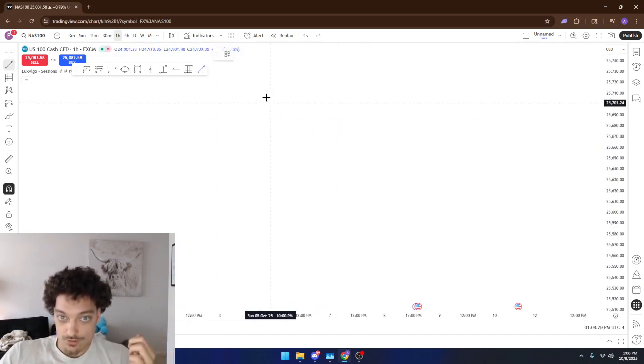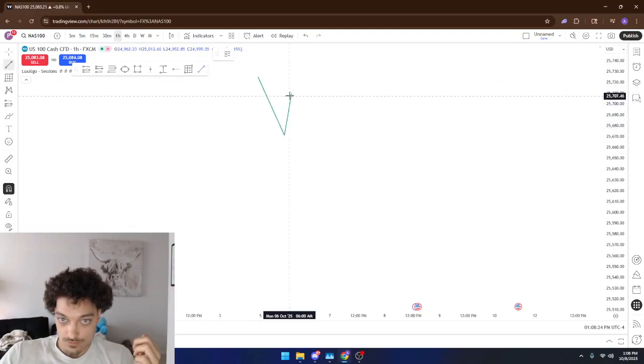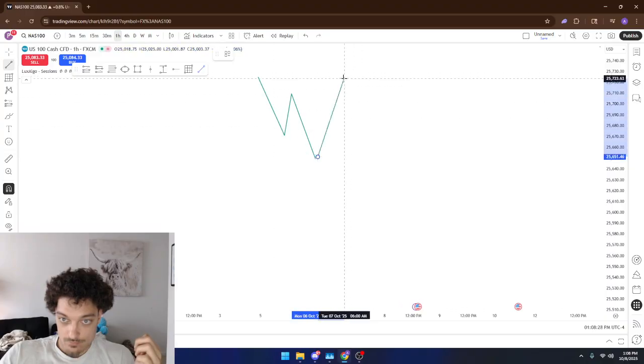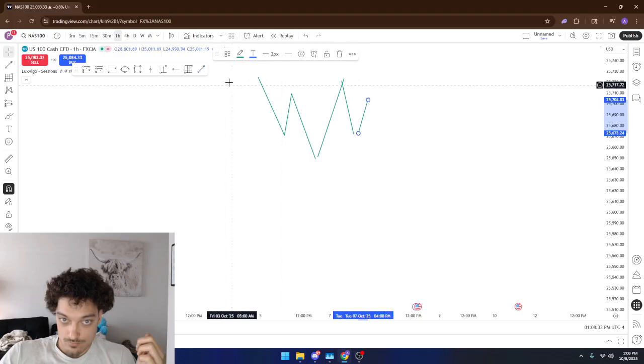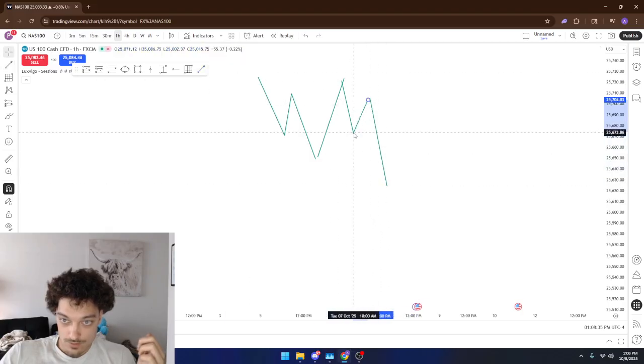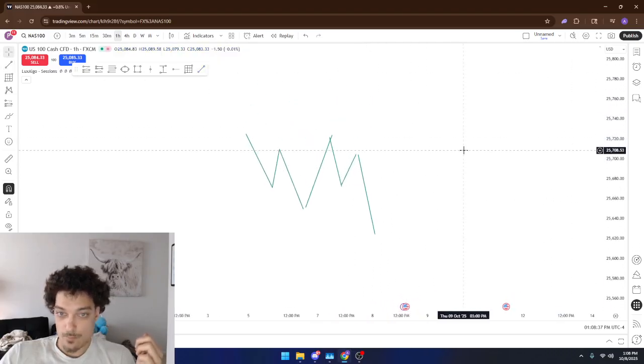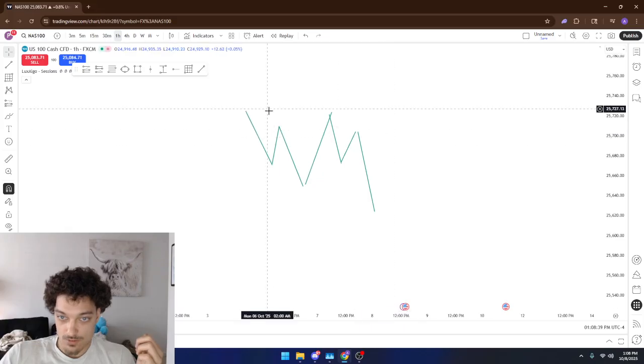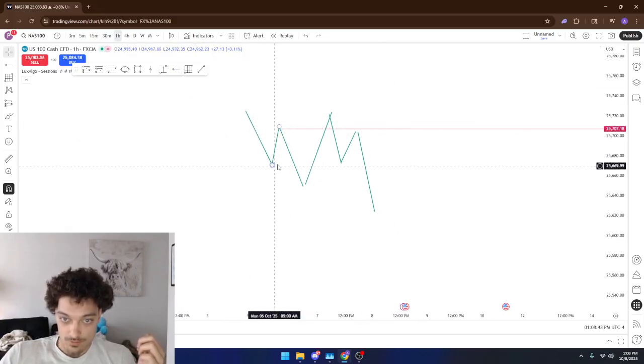I'll show bearish. Okay, let's connect these. All right. So again, bearish momentum. We have orders resting above here, orders resting below here.